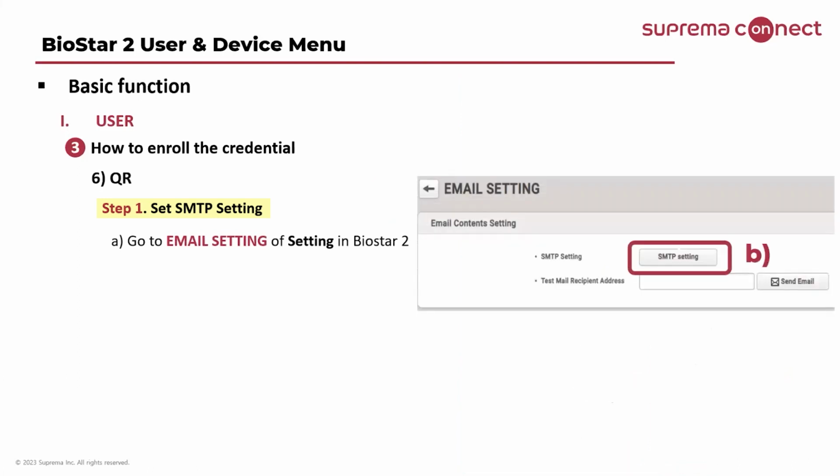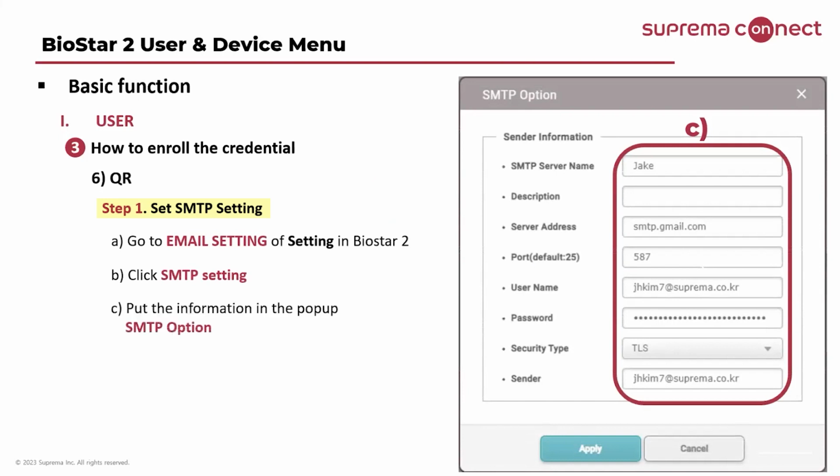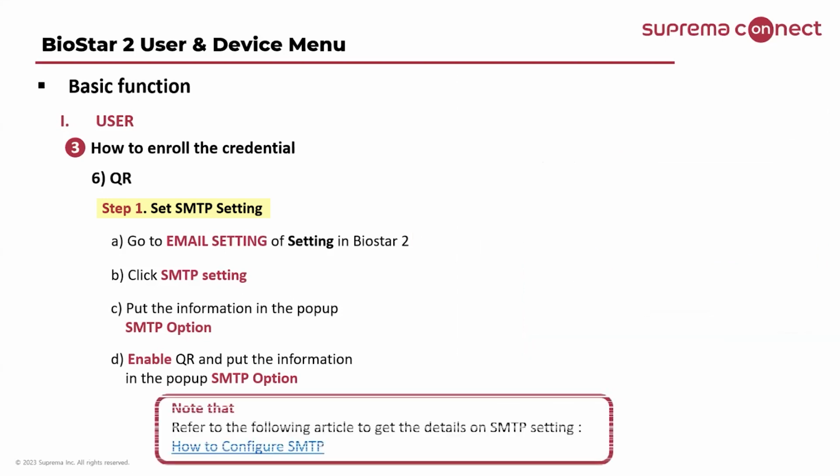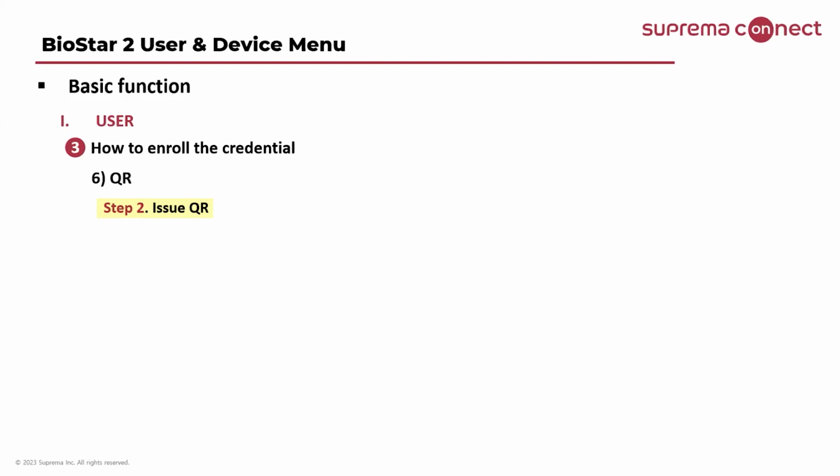Then click SMTP setting and put the applicable information in the SMTP option. And lastly, enable the QR function and put the information such as email address. And if you want to get the details for SMTP setting, please refer to the following relevant article.